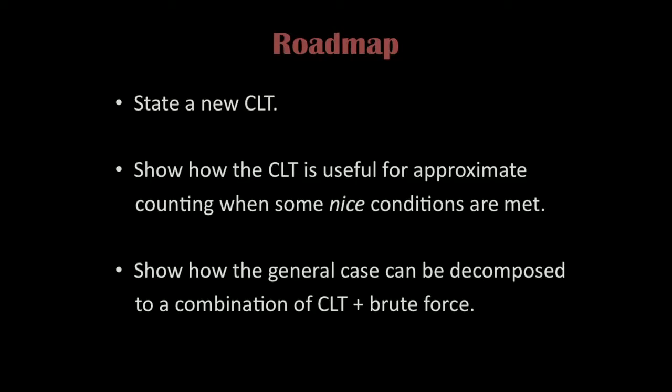The nice conditions will be similar to what was used in the previous talk, and then we'll show that the general case can be decomposed to meet these nice conditions. So given k degree 2 polynomials, you can do some restriction to meet the hypothesis of the CLT. So I'll state the new CLT, then go over how it's applied, and finally come to the proof of the CLT.